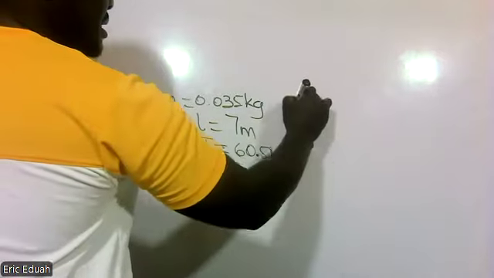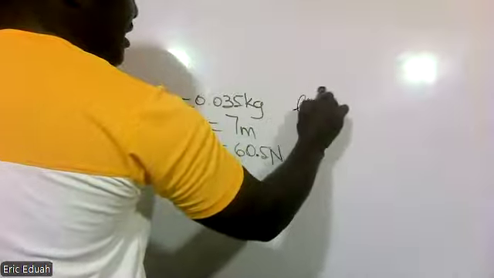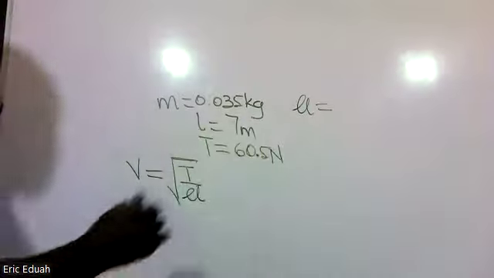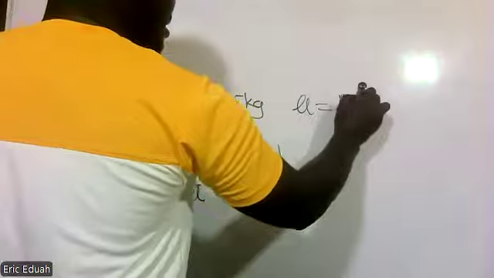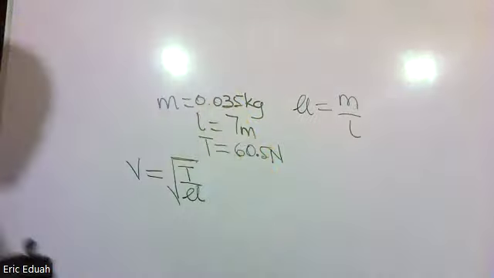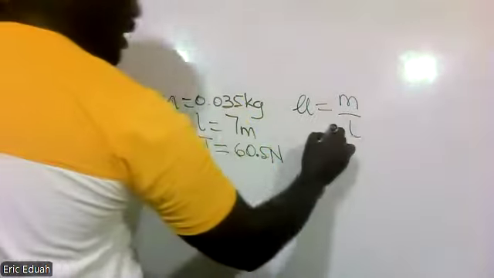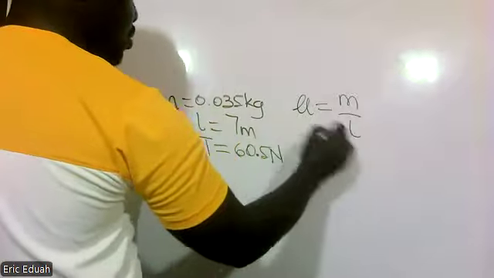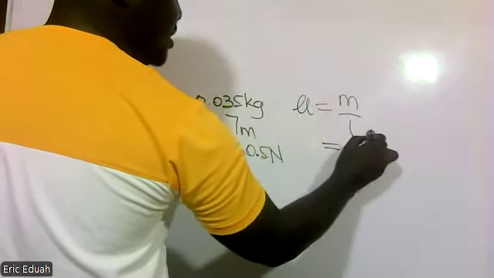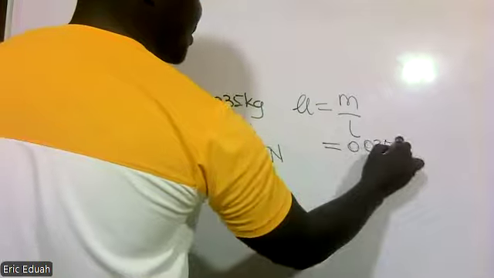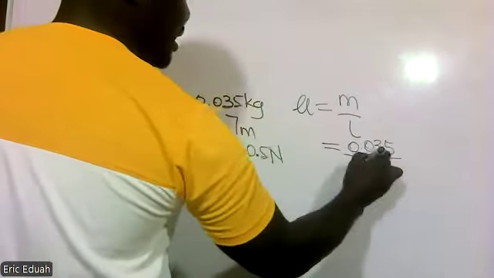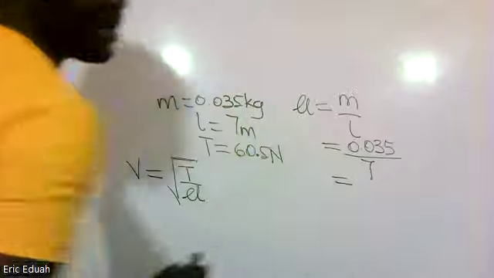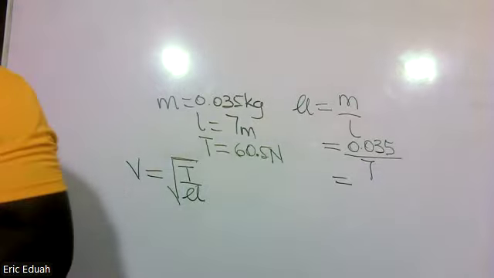And linear density is also equal to mass per unit length. So when we find mu, this is 0.035 over a length of 7. Please divide that and then give me the answer.